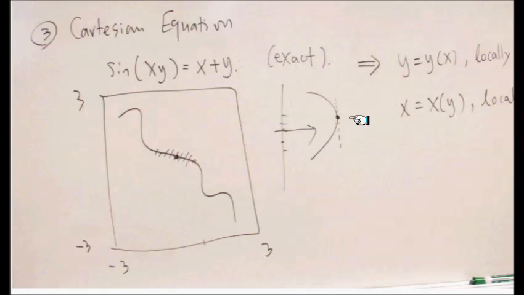If you happen to look at the point which happens to have a vertical tangent line, I don't know if you can see that or not, here's a vertical tangent line there. There's no way you can choose a portion around that point such that that portion passes the vertical line test. So in that case, we have to look at this as a function of the y variable, and x is a dependent variable.